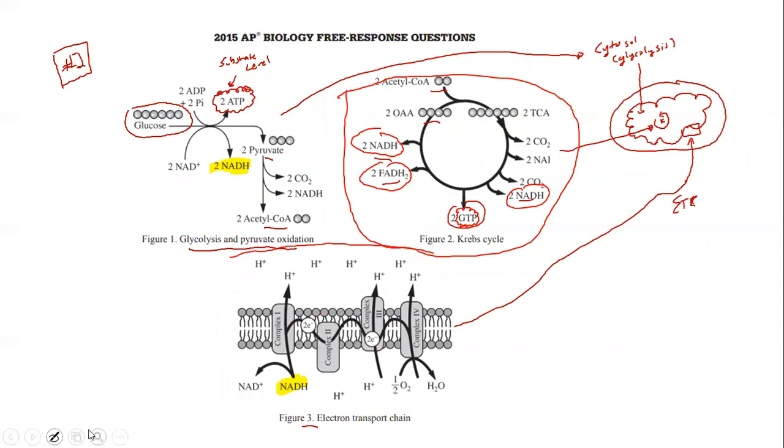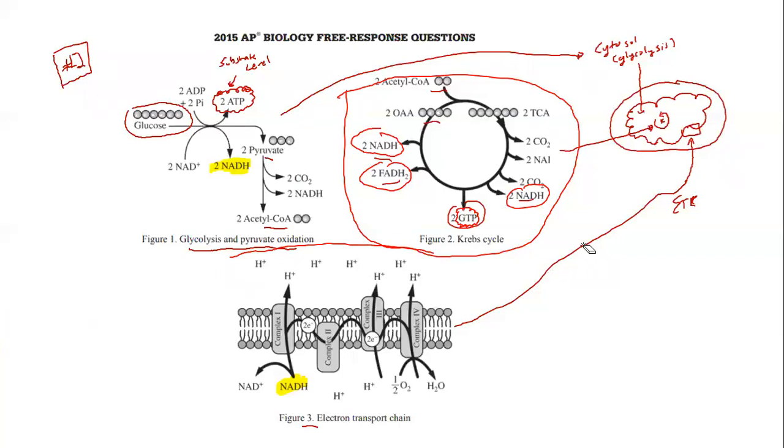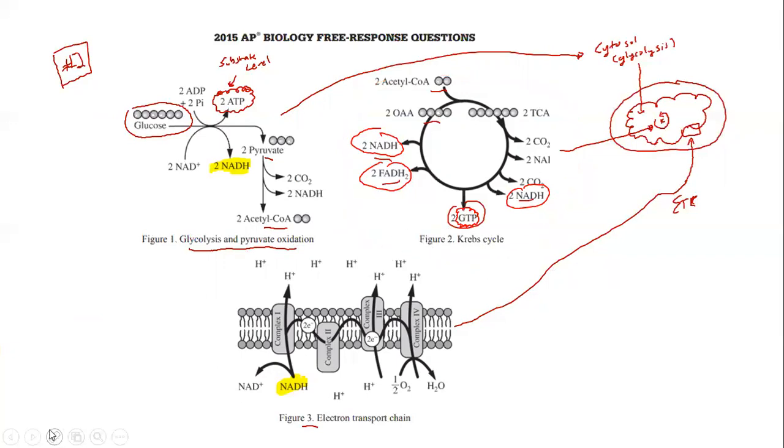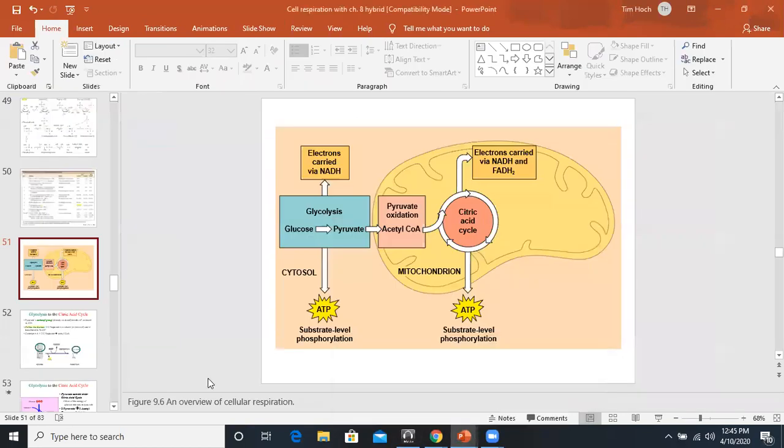I don't think you necessarily had to go crazy in depth in terms of your explanations here, but let me just erase a few things here. So if you're thinking about the electron transport chain, kind of the whole payoff is those protons. So let me jump back to my notes and revisit this.